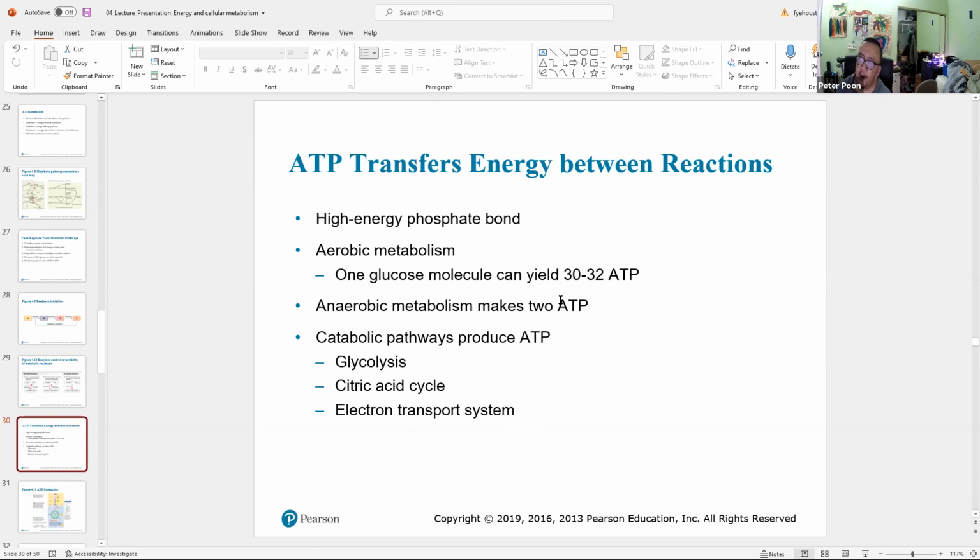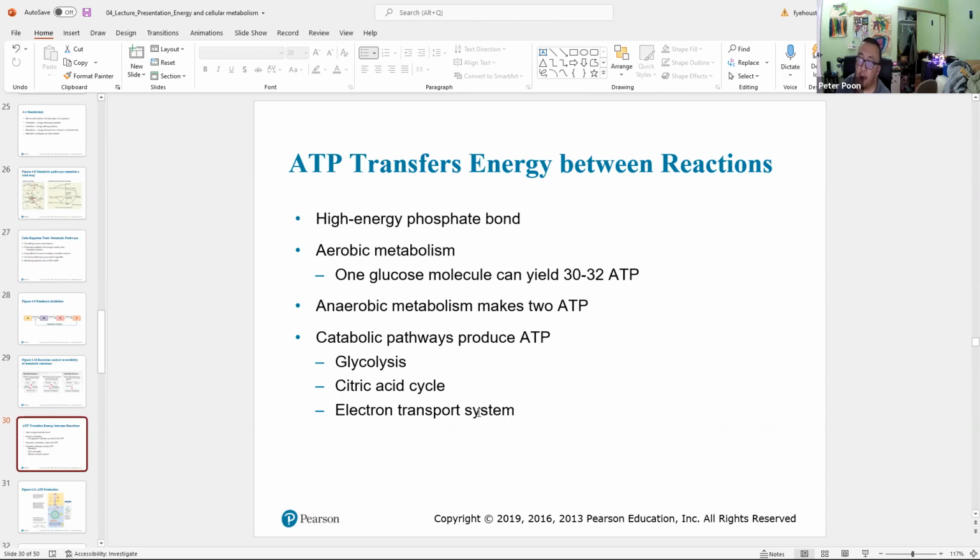There are catabolic pathways that produce ATP: glycolysis, the citric acid cycle, and the electron transport system, or the electron transport chain. We use these three pathways together to maximize ATP use for aerobic metabolism.